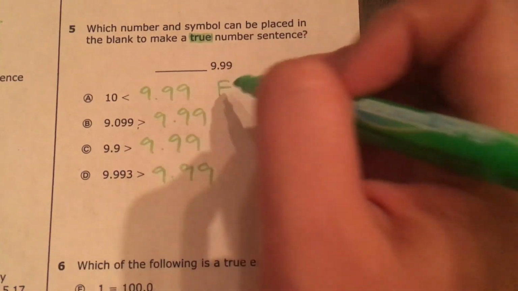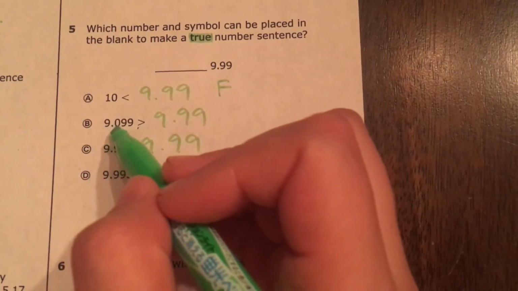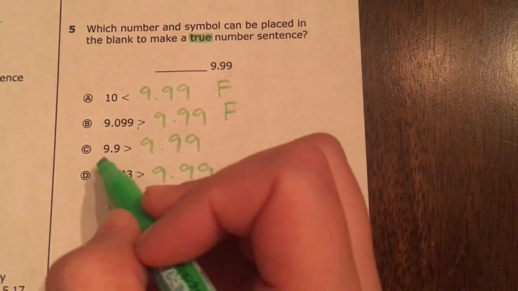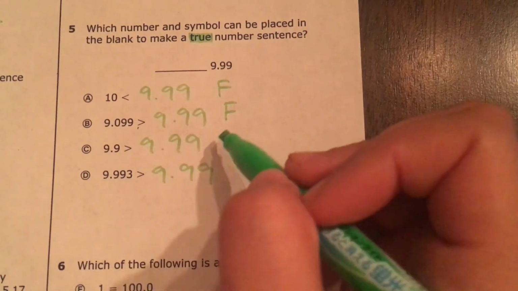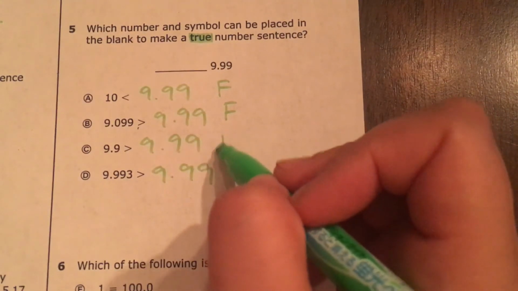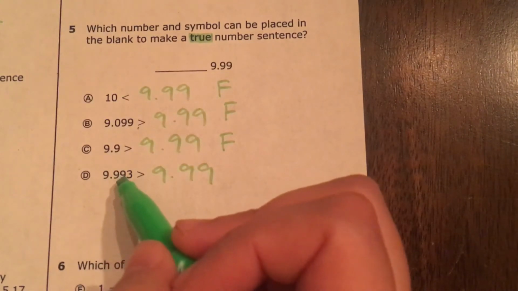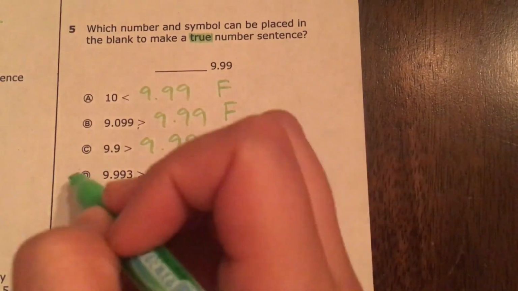No, that's false. Is 9.9, that's false. This is 9.90, this is 9.99, so this is false. And the last one, this is 9.93, this is 9.90, so this is true.